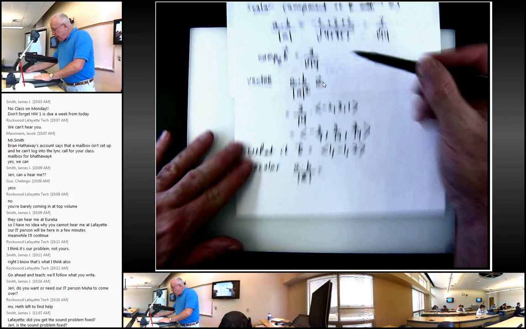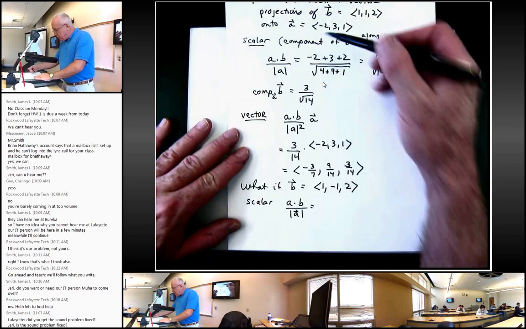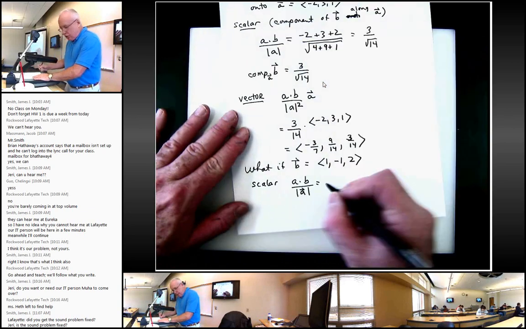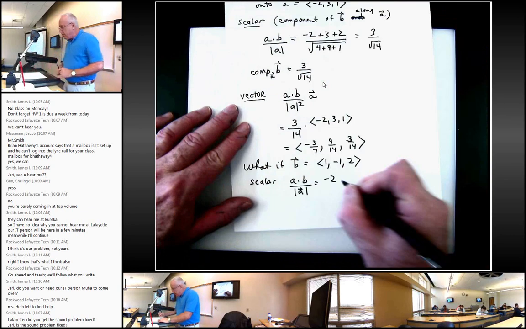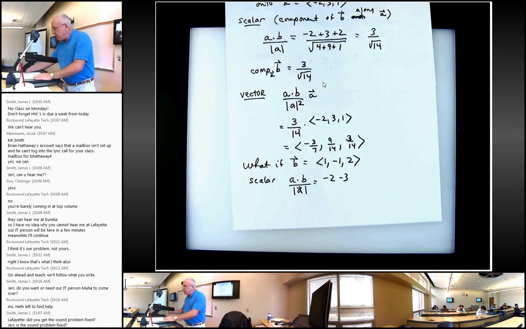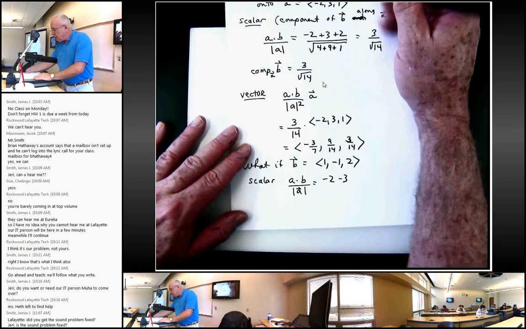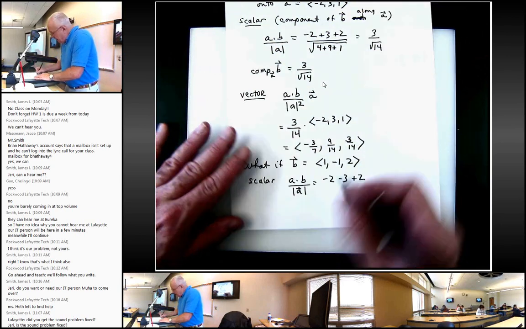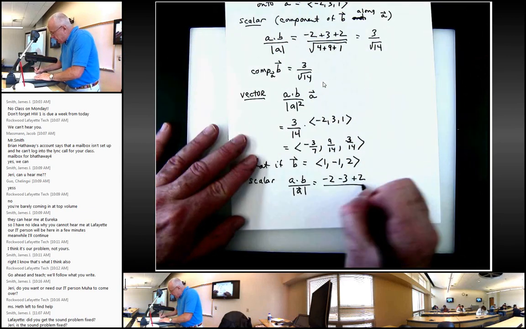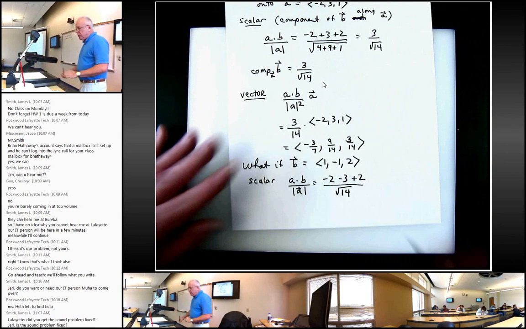So A is -2 times 1, that's -2. 3 times -1 is -3, so that changes. And then we have 1 times 2 is 2. And the magnitude of A doesn't change, that's still the square root of 14.